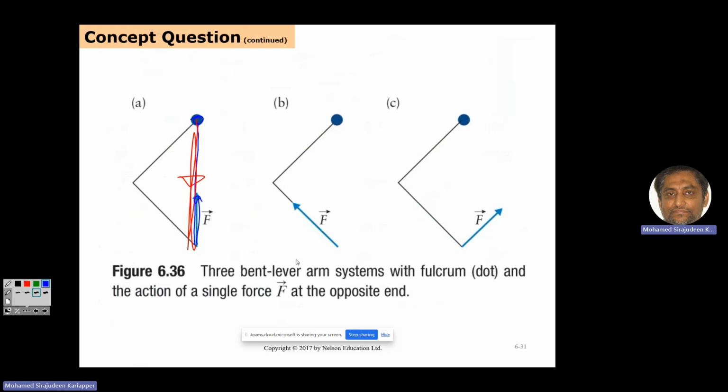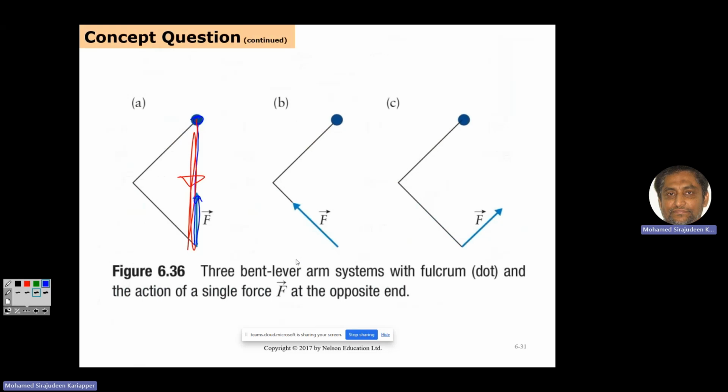What about sine theta? There is no perpendicular component, only a parallel component. Or in other words, you can look at theta. Theta is 180, because you have to bring tail to tail. Sine 180 is also 0. So you can see there's no perpendicular component, so rotational equilibrium is there.